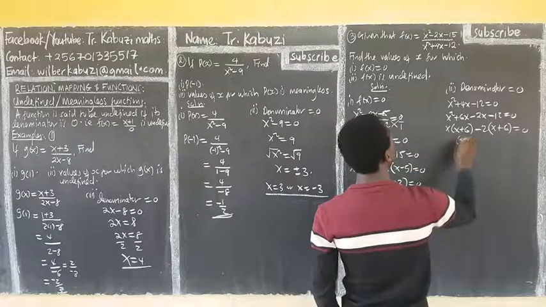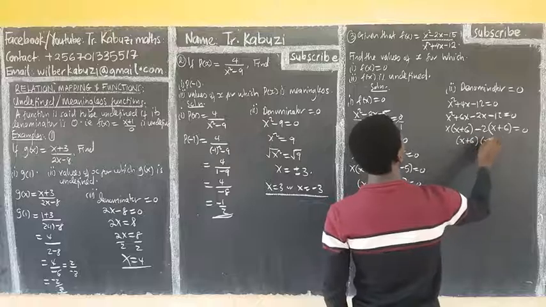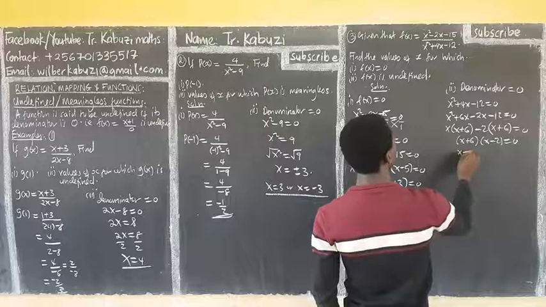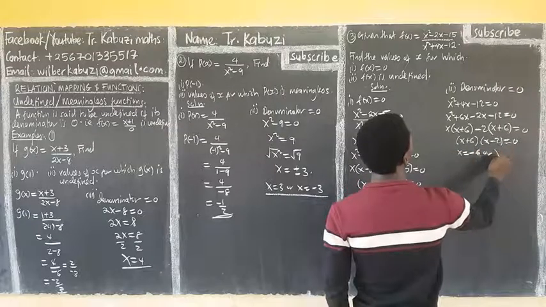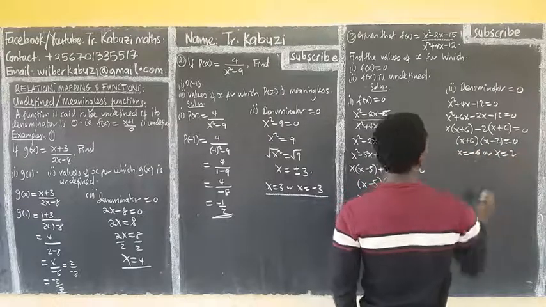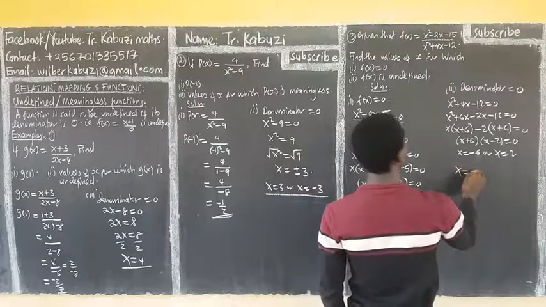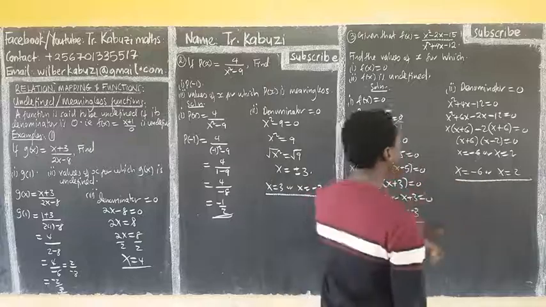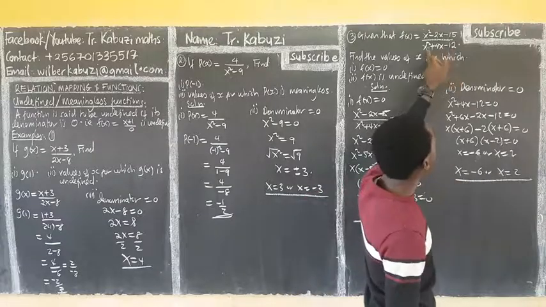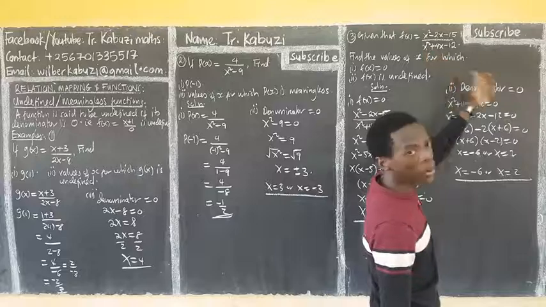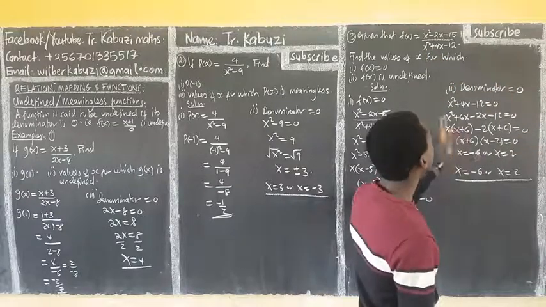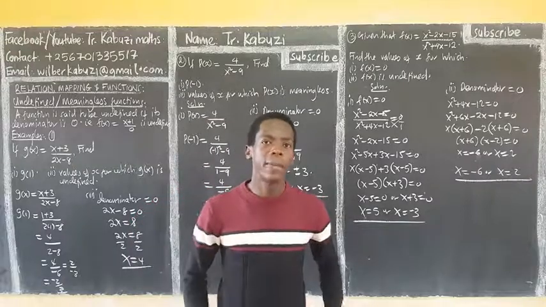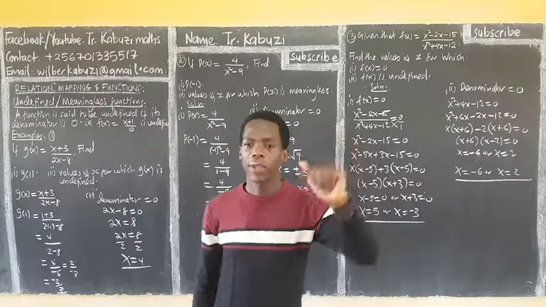So this gives me x equals negative 6 or x equals 2. So it's undefined when x is negative 6 or when x is 2. Why? When you put in 2, the whole denominator will be 0, or when you put in negative 6. So that's how we handle undefined functions or meaningless functions. Members, I wish you well.